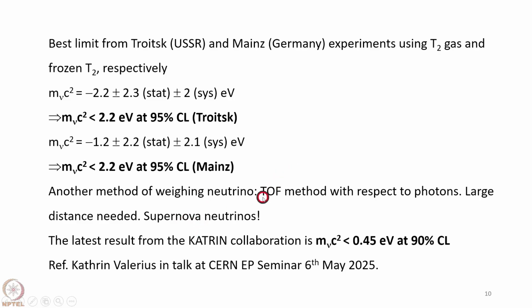And if you can model how the supernova explosion takes place, then you can look for differences in the time of flight from photons to neutrinos. So this method was used, and this also gives mass bounds of the order of a few electron volts, between 5 and 10 eV/c².